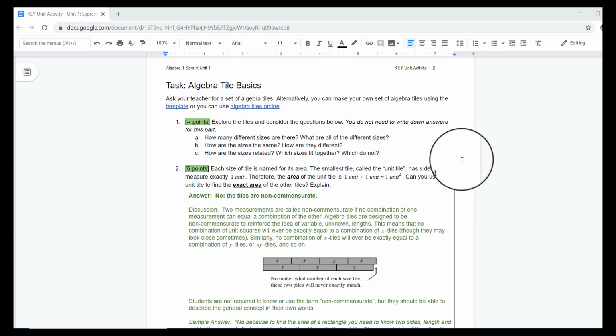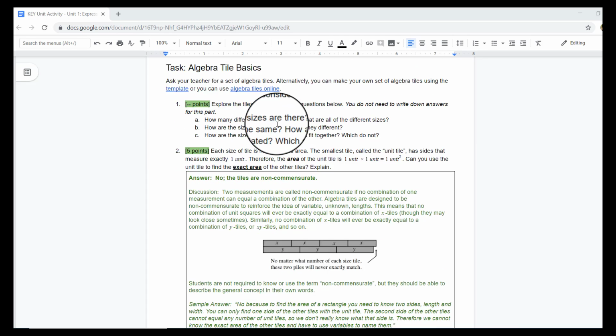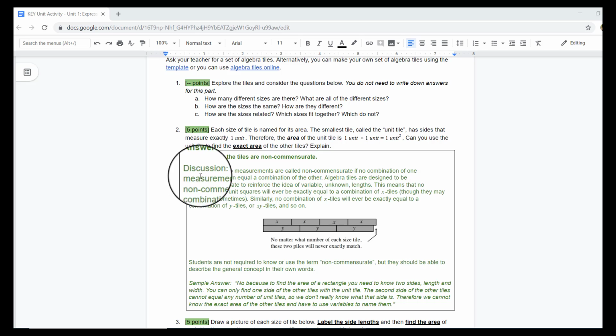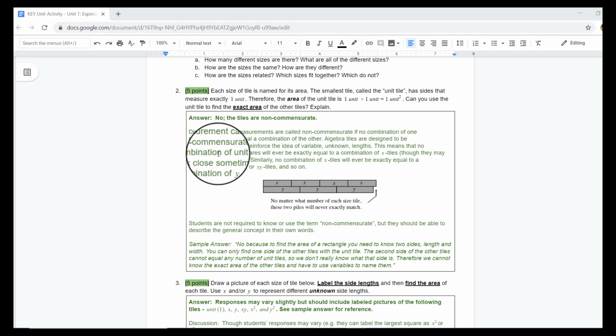In these unit activities, we have a task, and in the answer key for the teacher, we have a discussion. This discussion can be used to guide the student through the unit activity. These are recommended conversations that you can have with your students if they did not get the answer correct.